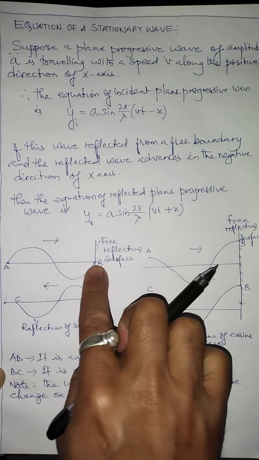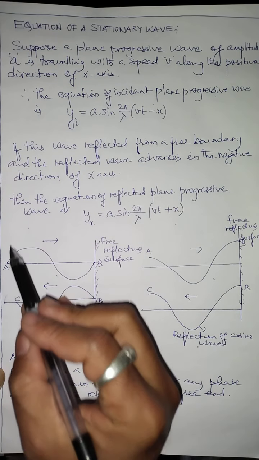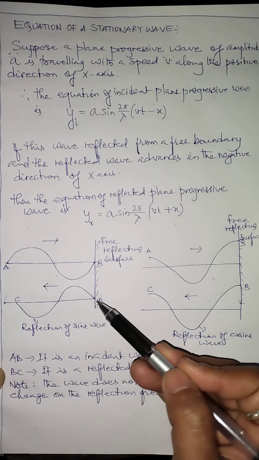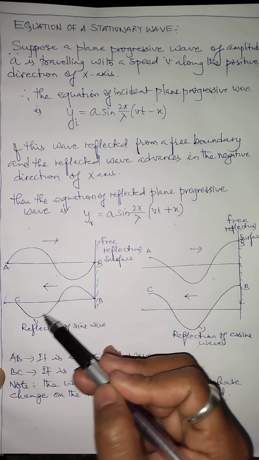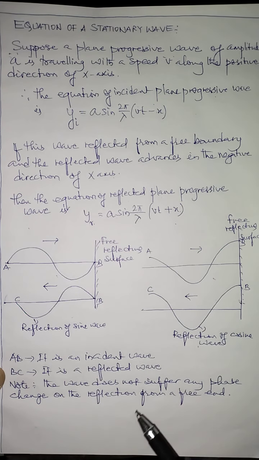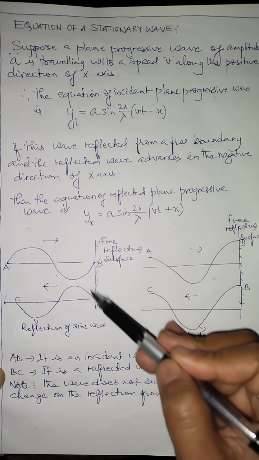See, the wave is incident from the positive displacement y-axis on the free surface, and when it gets reflected, it also returns from the positive direction of y. That means in this case there is no change in the phase.